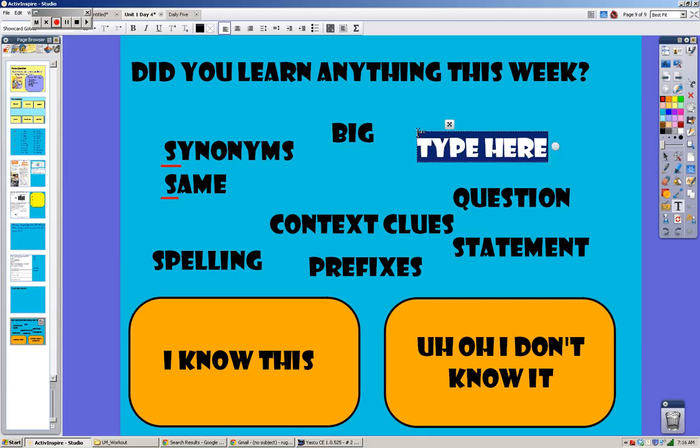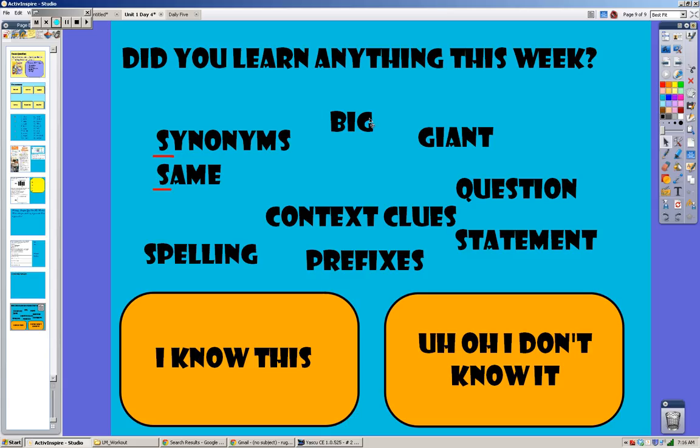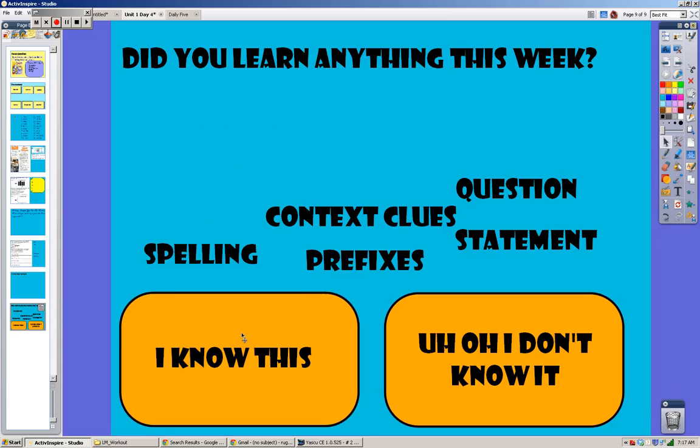Well, if you said a word like giant, or some of the lots of other ones for big, you would be right. So, just remember that synonyms mean a word that means about the same thing. So let me get rid of these example words and clear my annotations off. And we are going to put that in the box since we know it.